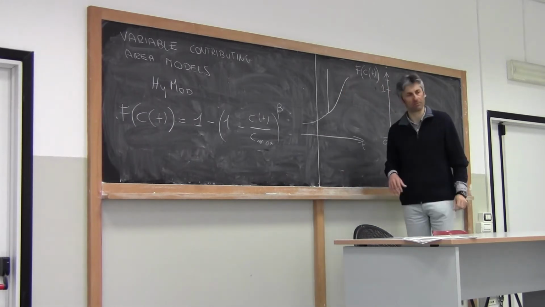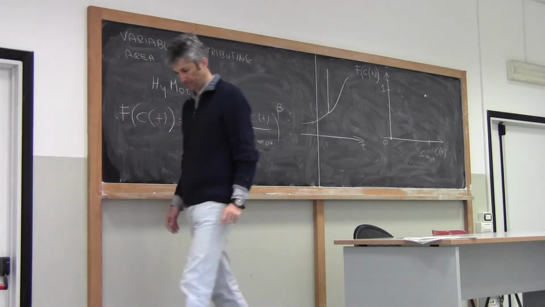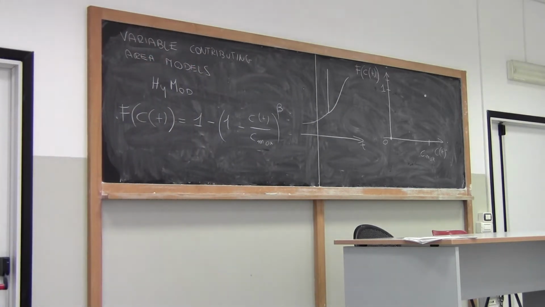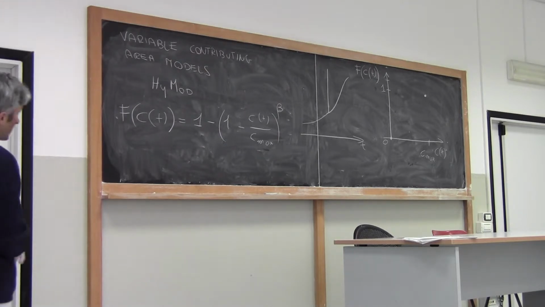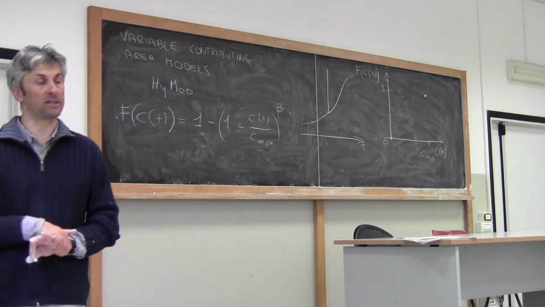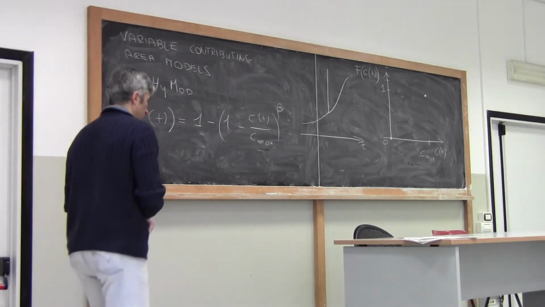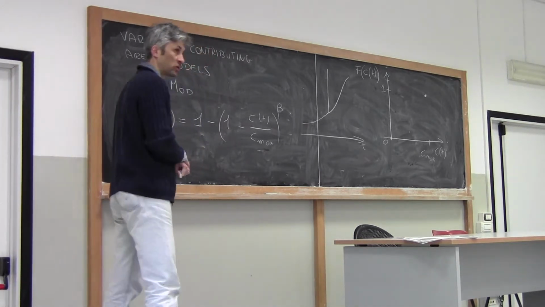This is the relationship. Beta is a parameter, and C_max is a parameter as well. So we already introduced 2 parameters, which depend on the catchment, of course.